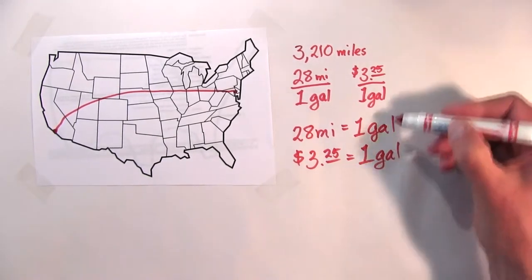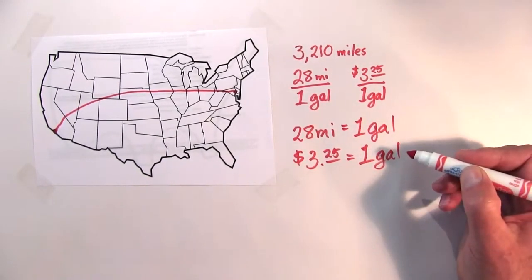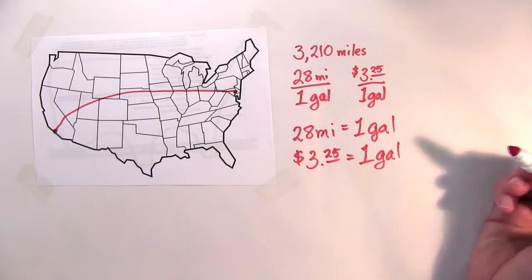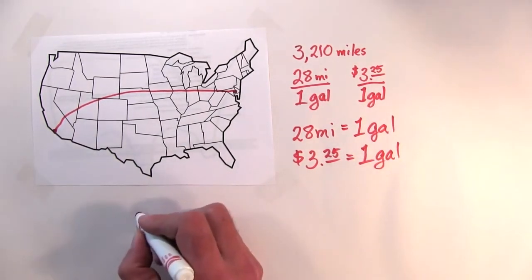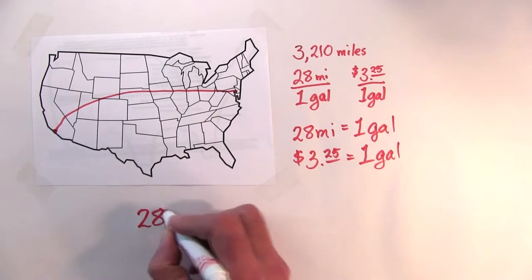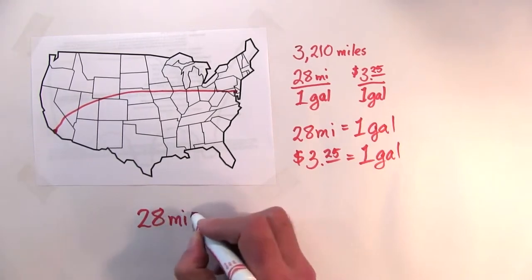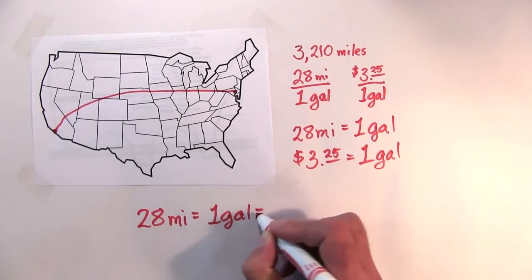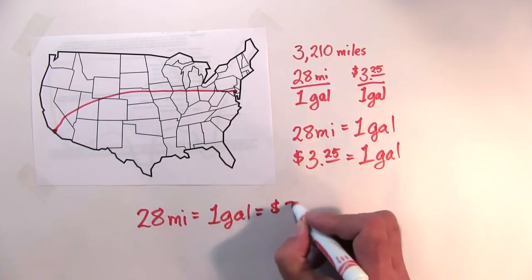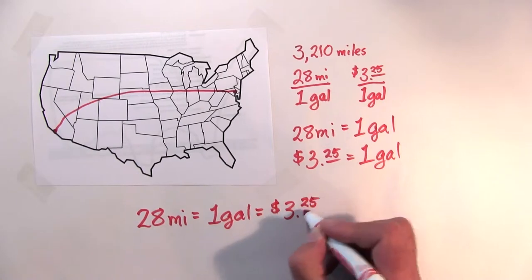Now you'll notice that gallons are the same. So what I can do is I can take this whole thing and create one long equation. 28 miles equals 1 gallon of gas equals $3.25.